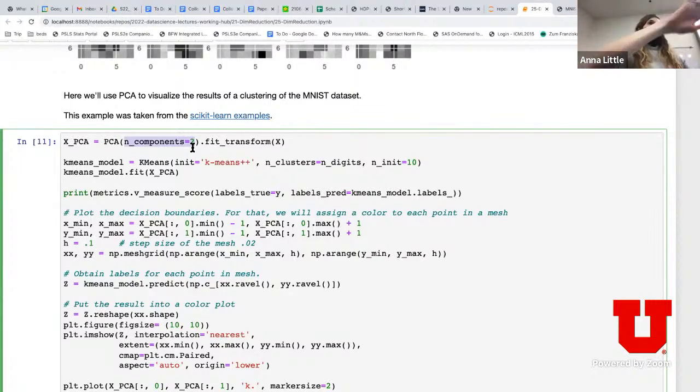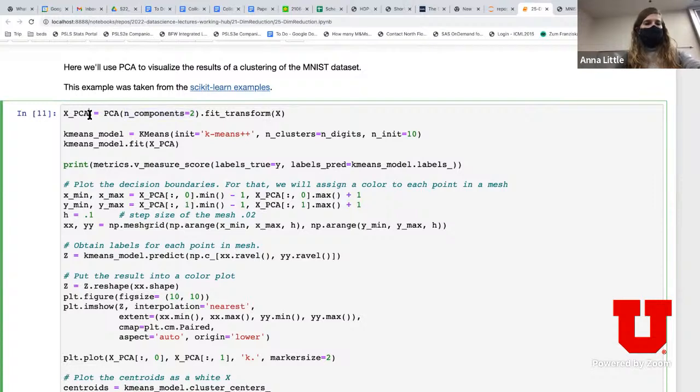Before we didn't specify, and it just computed all of them, right? We had 4-dimensional data and it computed 4 PCs. So if you don't specify, I believe it'll default to computing all of them, but you can say, nah, I just want the first 2 or however many. And then we're gonna fit that model to the data.